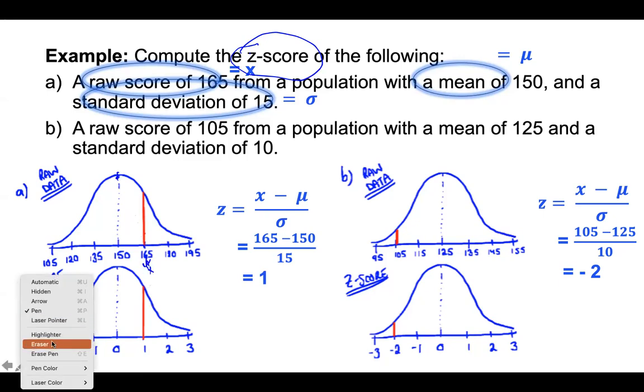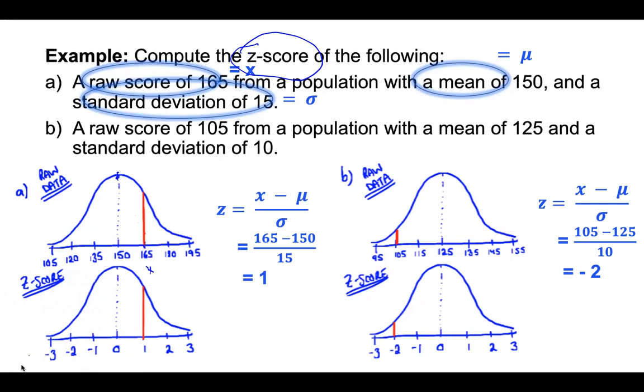Let me clean that up a little bit. This is our X, and it's essentially what we're trying to find. We have our mean and our standard deviation, so we can draw a little bell curve, and we see X minus mu divided by the standard deviation. We plug in the numbers and we get 1. This corresponds to a transformation from the raw data to a Z score.